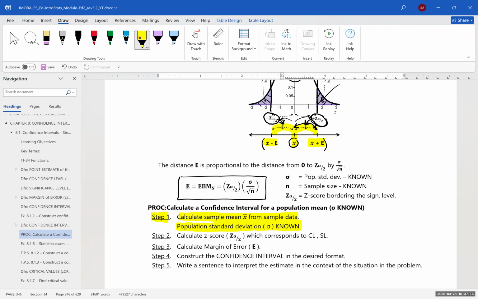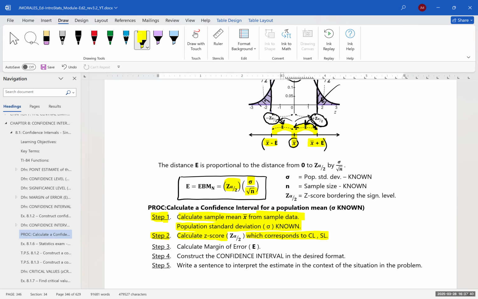That has to be known, okay, for you to be able to put a value here. And if you're given the sample data, you should also know what the sample size is. Step two is to calculate the z-score, which corresponds to the confidence level and the significance level. So then you'll be able to calculate that value.